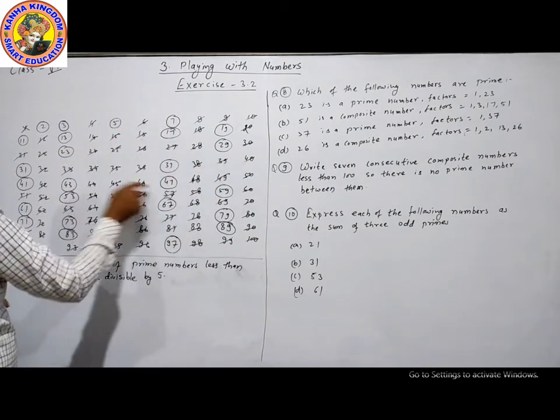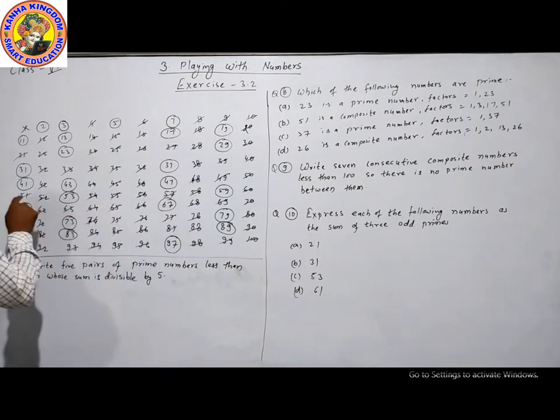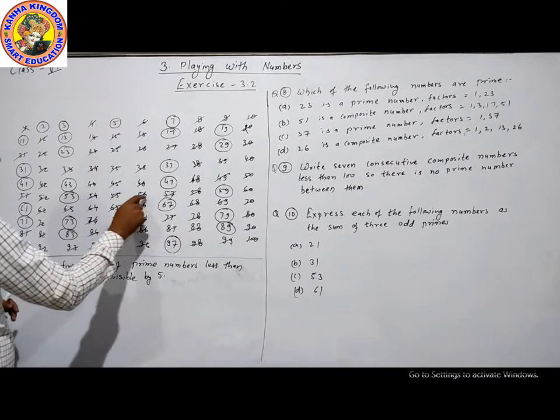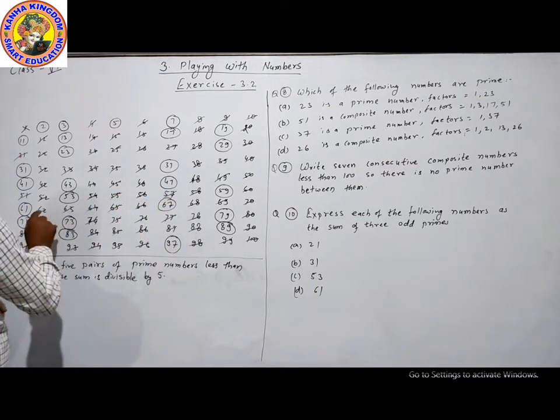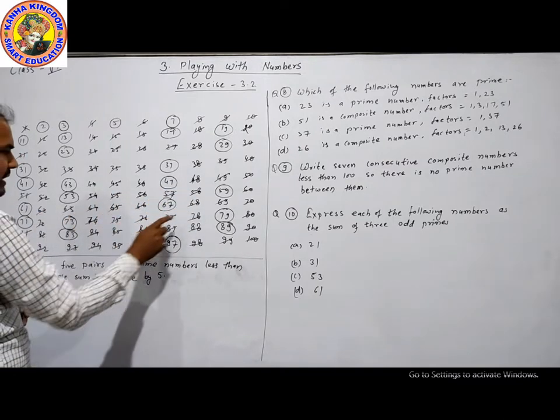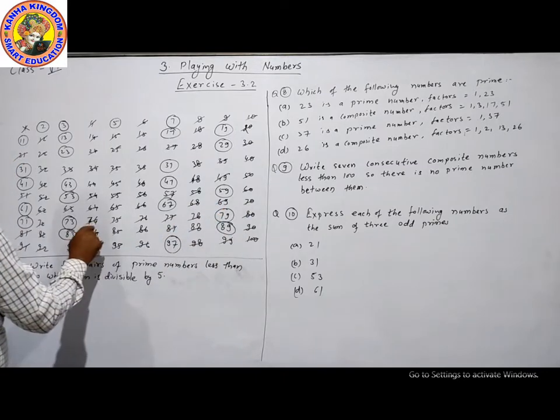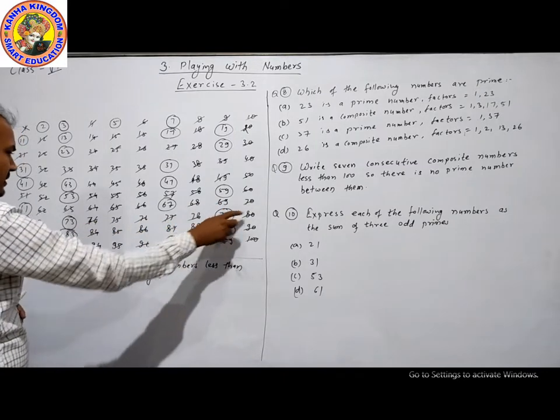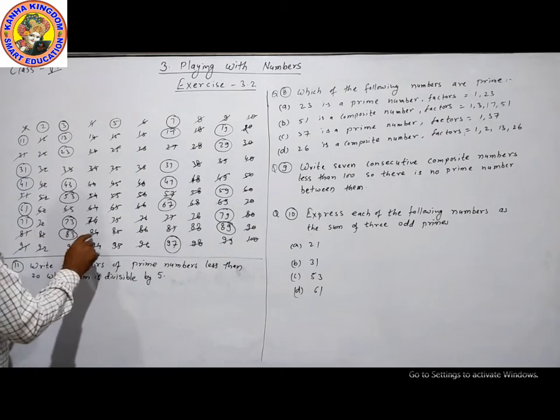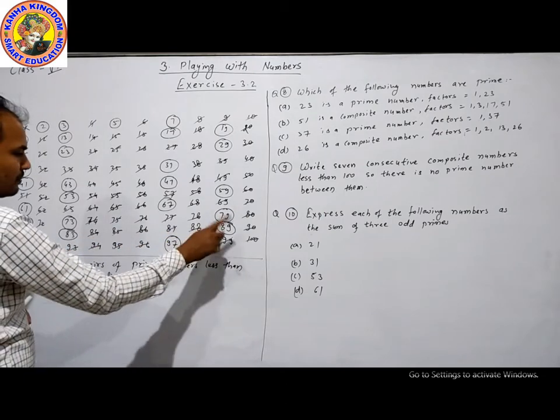Again and again the chain breaks at 5. 1, 2, 3 break. 1, 2, 3, 4, 5 break.